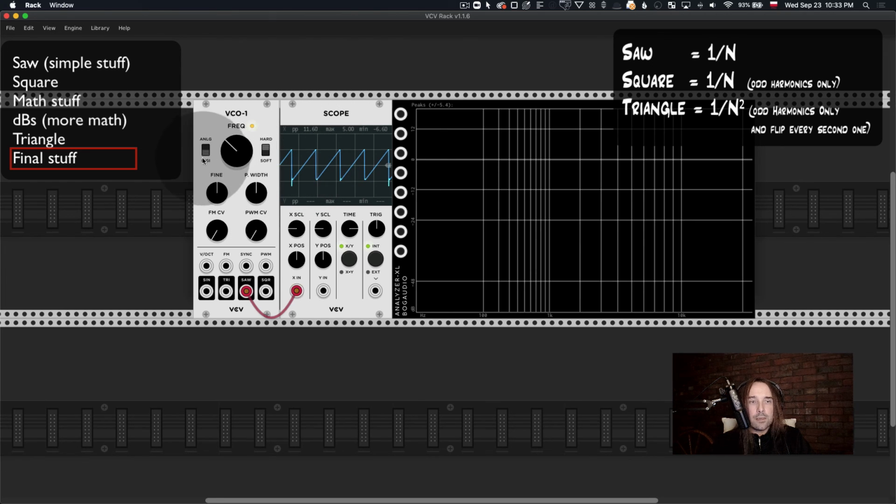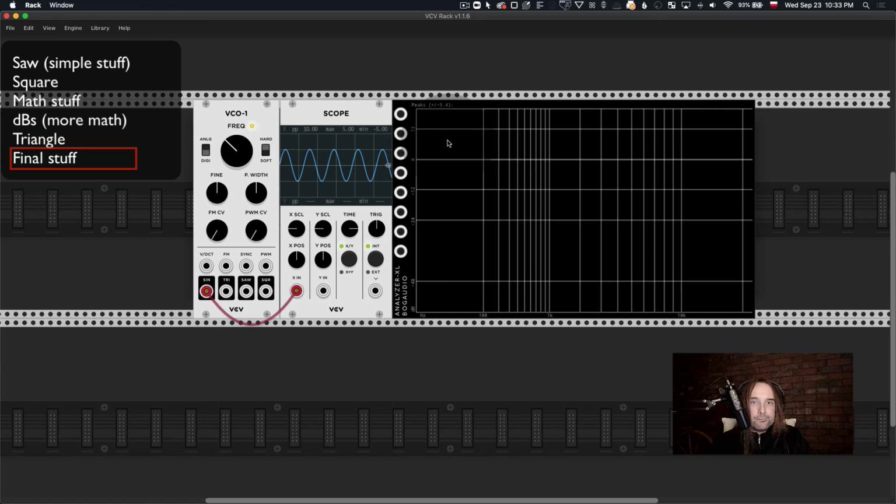So that's a little hint. Don't forget that when you work in VCV Rack, you want to use the digital version of this VCO. All right, that's it. Enjoy.